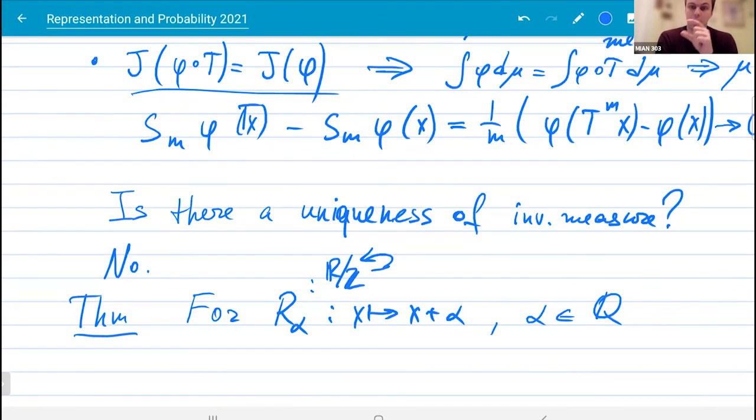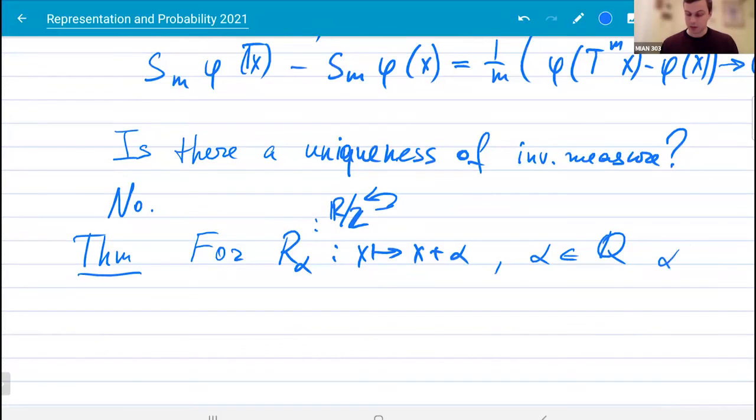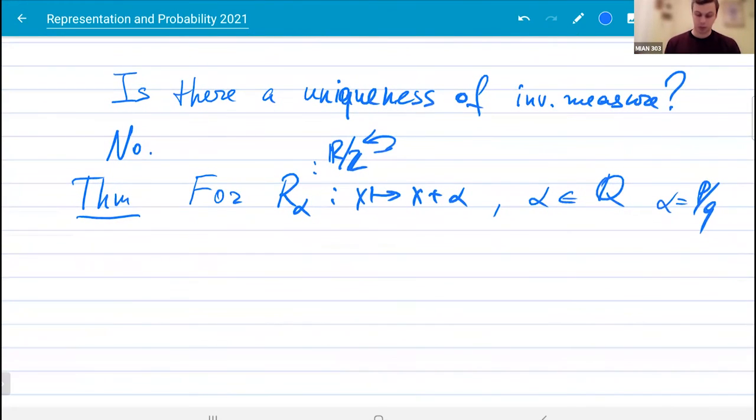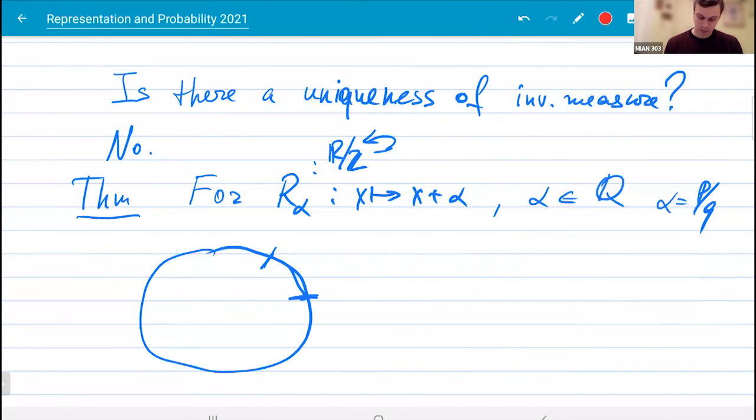So alpha is P over Q. You can do this as follows. You can just take the measure on the 1/q of the circle.